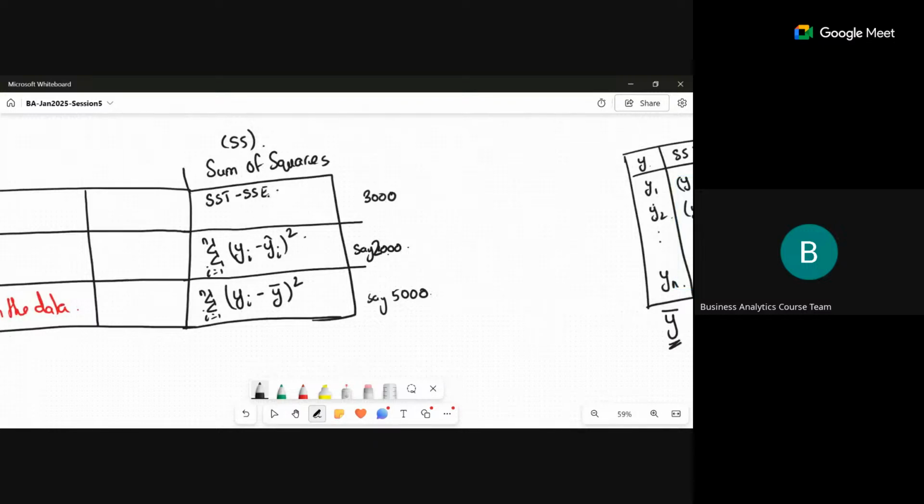So SSR is equal to the summation over i equal to 1 to n of (yi hat minus y bar) squared. Okay? All of you with me? This is your SSE. This is your SST. All of you with me so far?